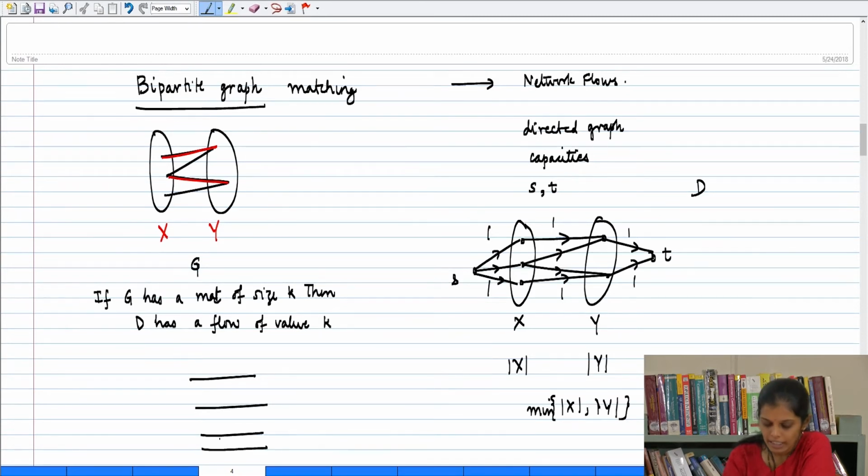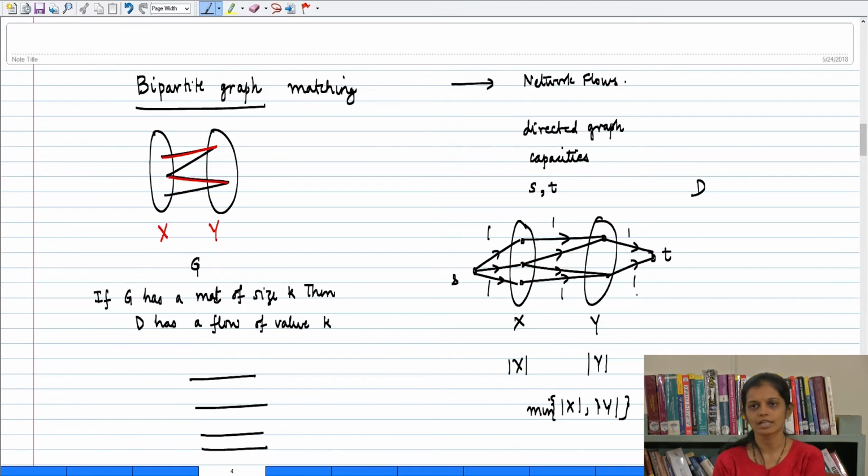If the edges were like this, they must have been directed from x to y in the corresponding flow network, right? But those are not the only edges, we have added some more edges. So you should show me a valid ST flow function which has a value equal to K.